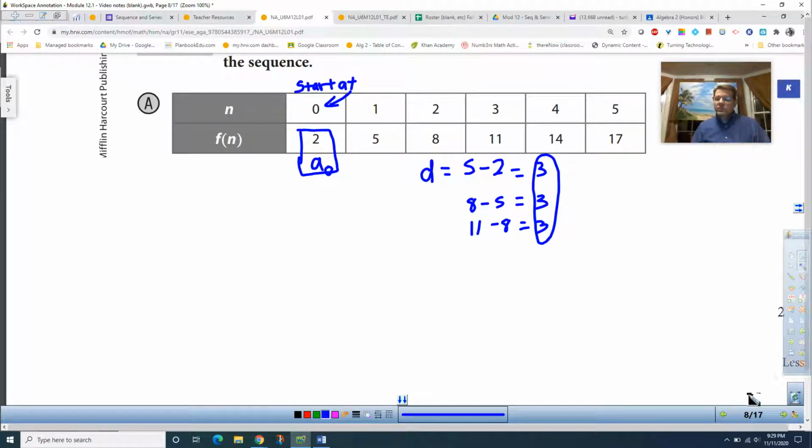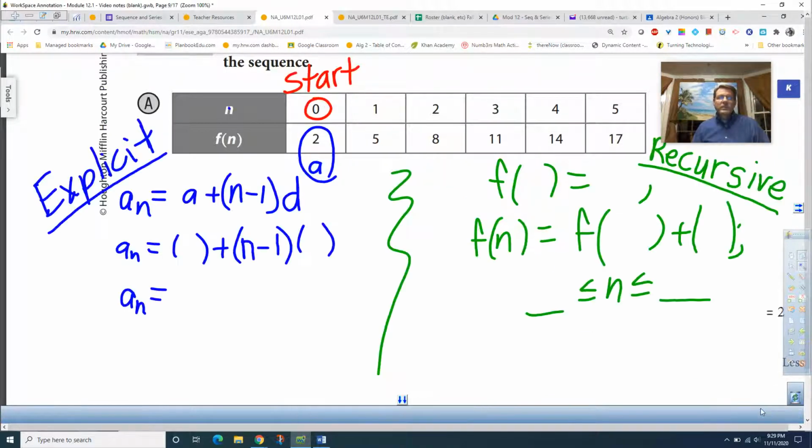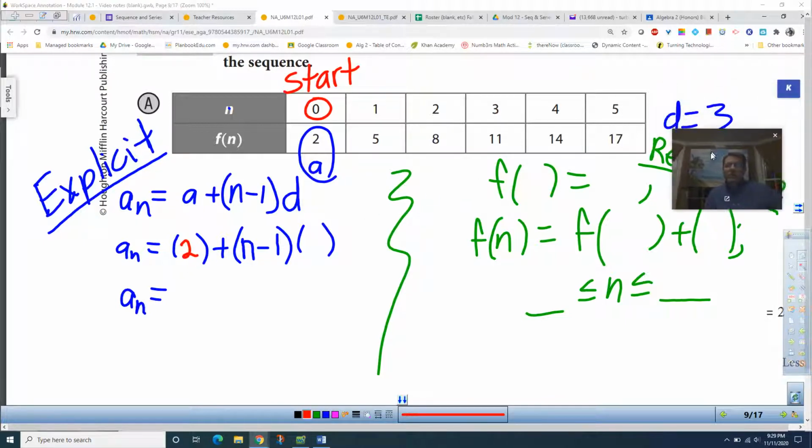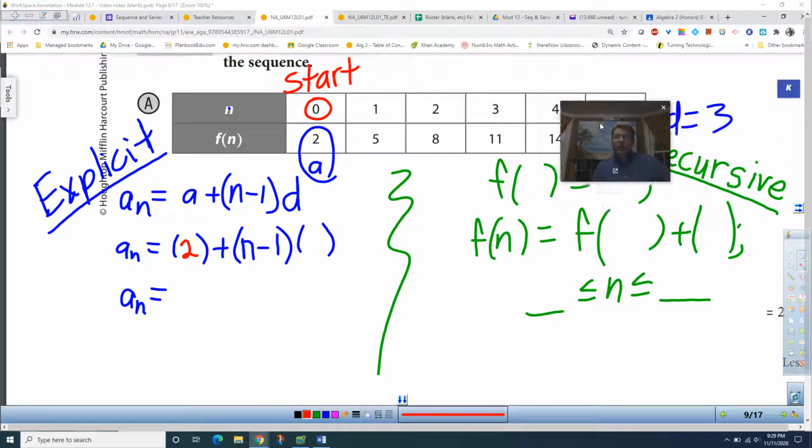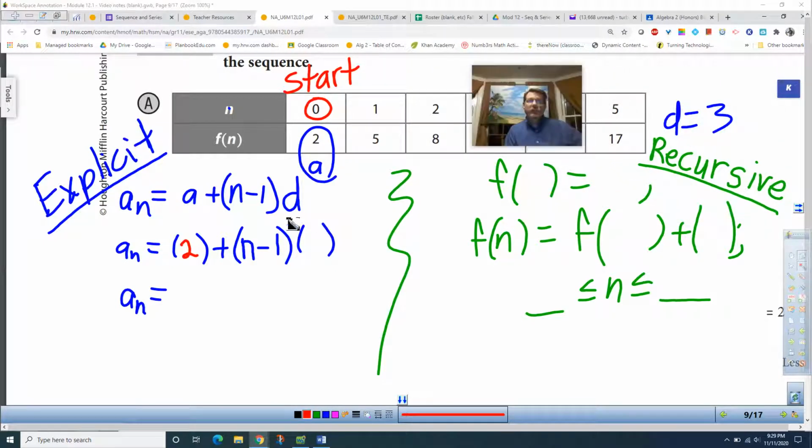Let me jump over here where it's got some of it filled in. Here's the explicit, here's the recursive. So here's my explicit formula, and let's start plugging in some information. My A is 2, my D we said was 3.